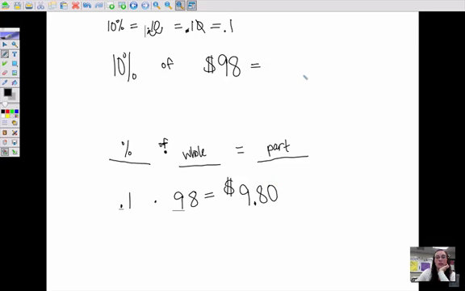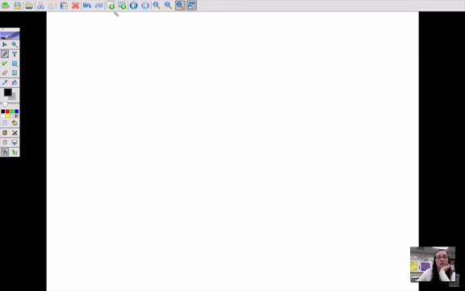Now sometimes they're going to give you different parts. They're not going to always give you the percent and the whole and ask you to find the part. So maybe you don't know the percent. So they'll say like, what percent of 70 is 10, okay?